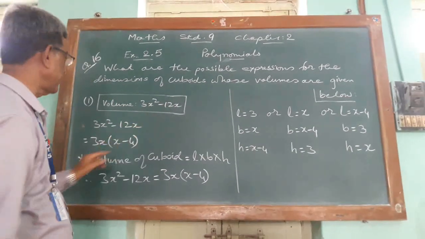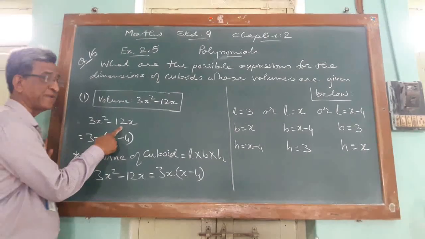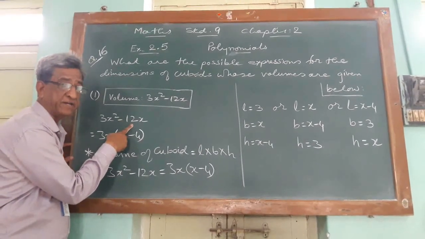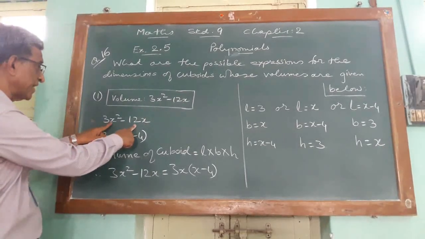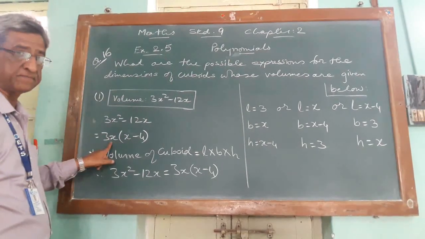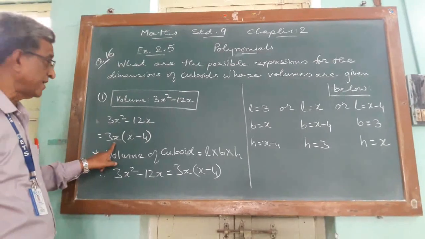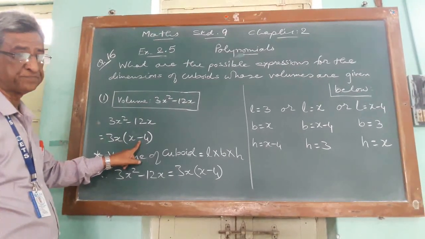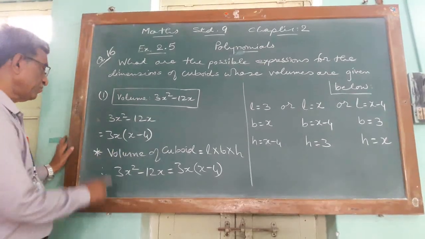You have to factorize these two terms, so take out whatever is common. From both, 3x is common, and in the bracket you will get x minus 4.